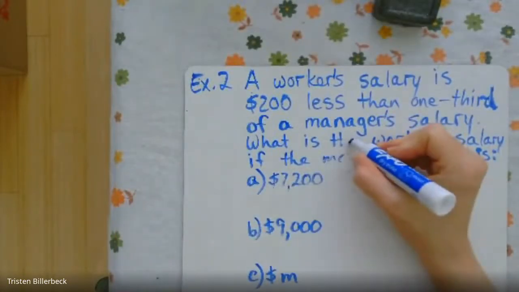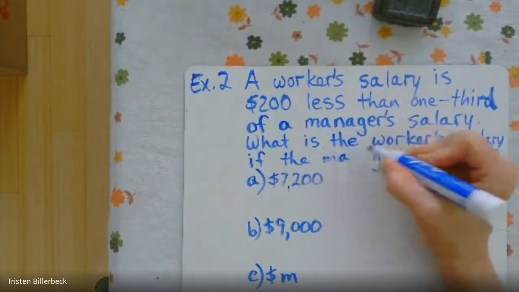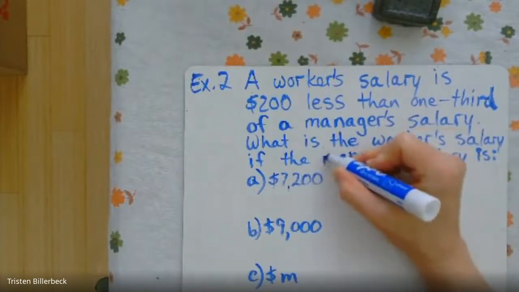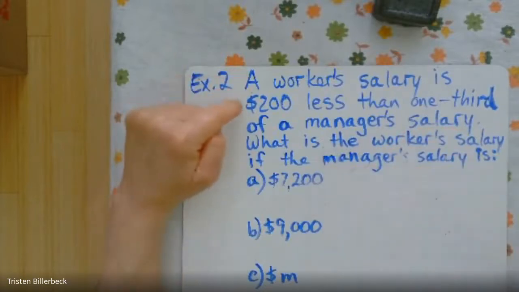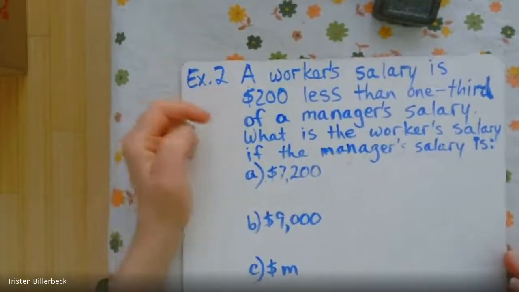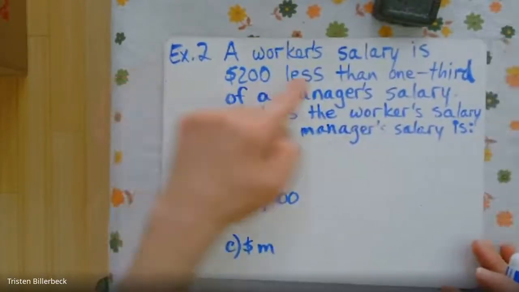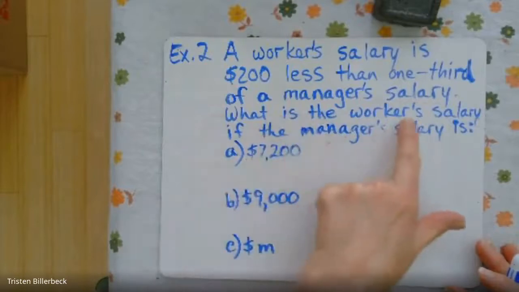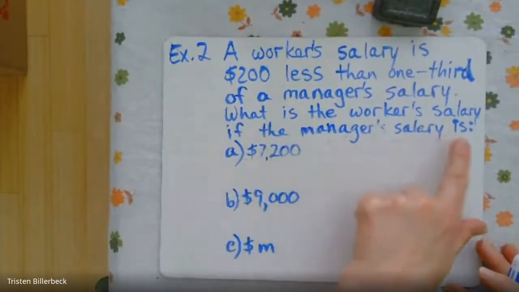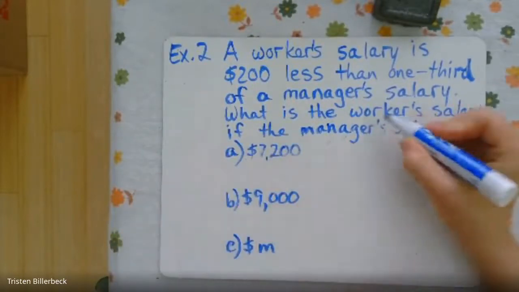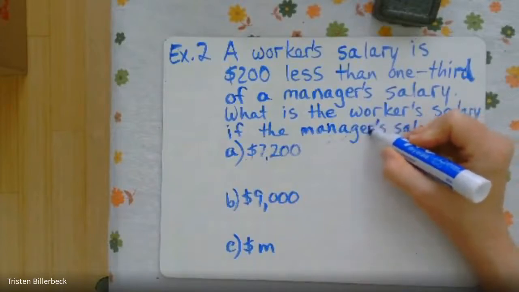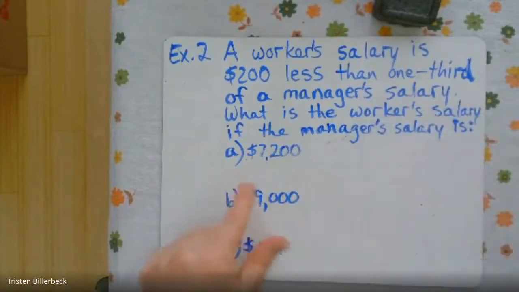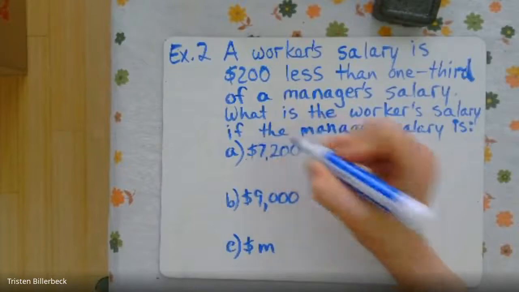Okay, so we have a worker's salary is $200 less than 1/3 of a manager's salary. What's the worker's salary if the manager's salary is $7,200?